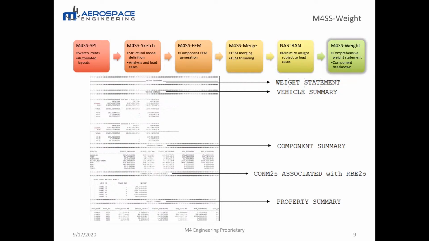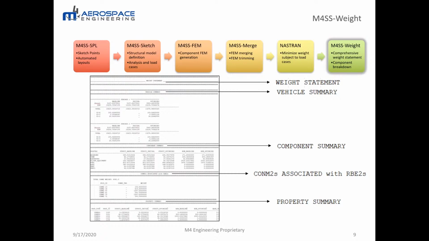And also we give a property summary. So when you construct all your properties for your vehicle, you can see what each property weighs, its thickness, what you had as a baseline, and what the optimized thickness was, to give you very quick, informative feedback on whether or not your optimization went well and makes sense.